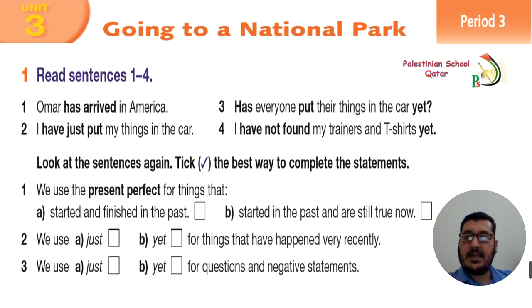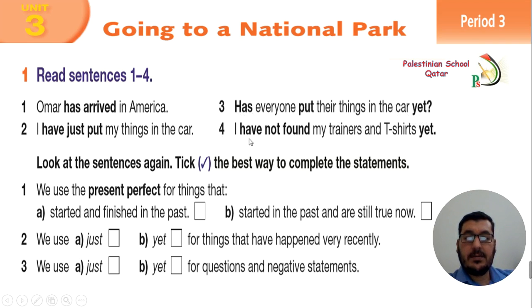Now we have exercise number 1. Read sentences 1 to 4. Number 1. Omar has arrived in America. Number 2. I have just put my things in the car. Number 3. The question. Has everyone put their things in the car yet? Here we have a yes, no question, and we put yet at the end.